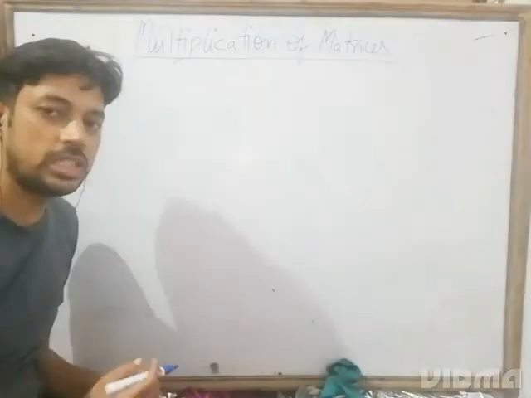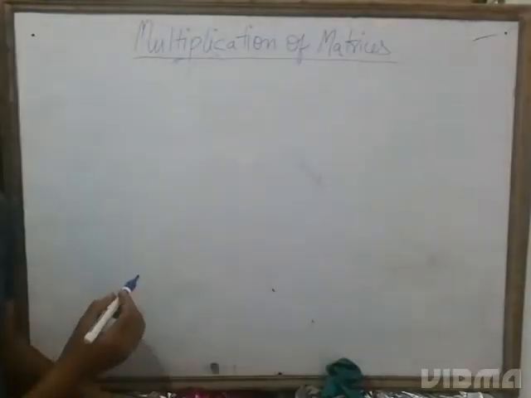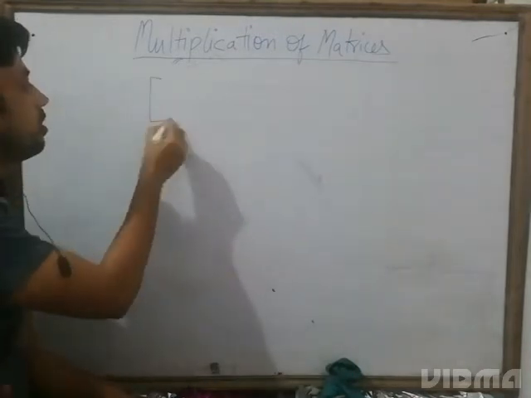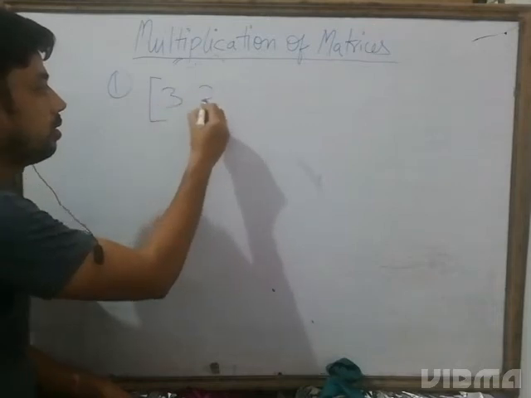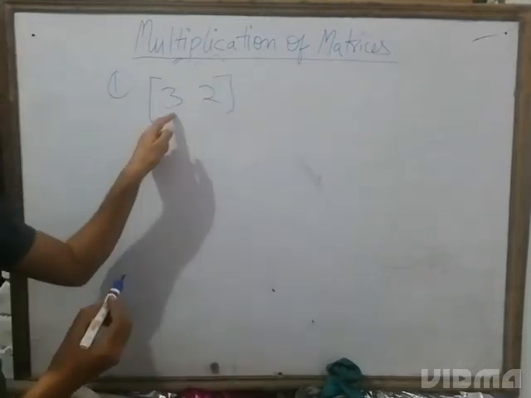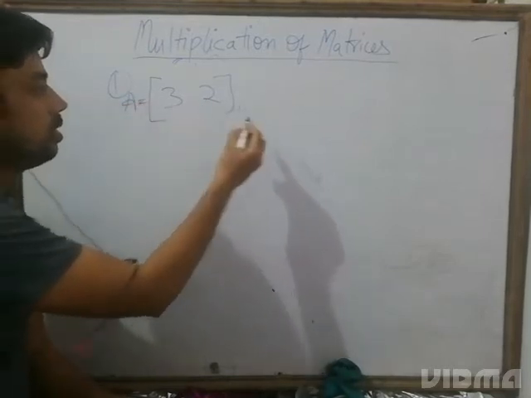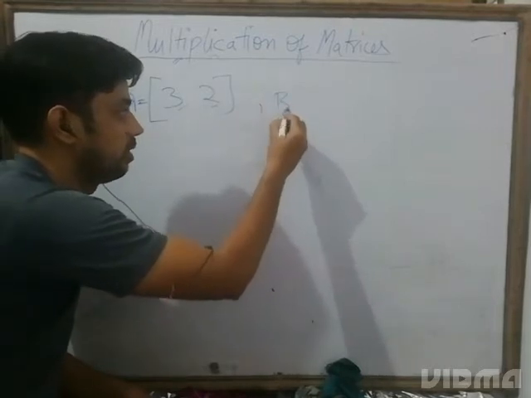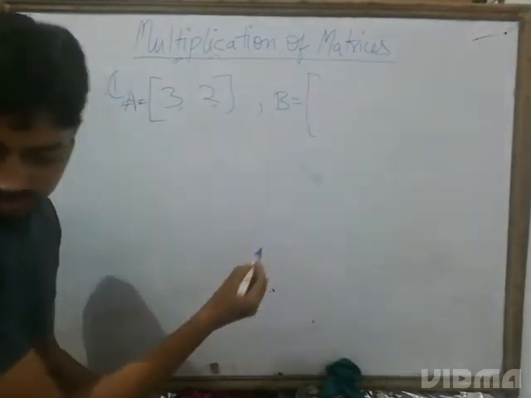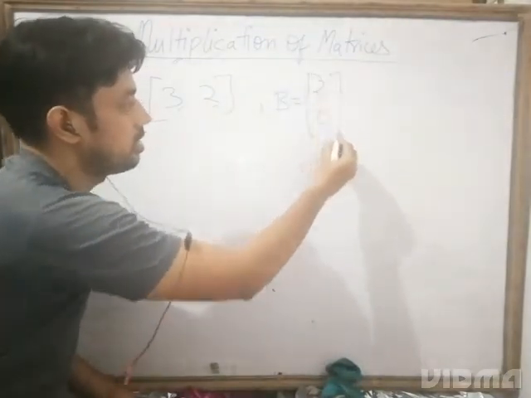What is the role of order in multiplication? Suppose we take the first question: we have been given matrix A equal to 3 and 2. These are called the elements of the matrix, and B is given as 2 and 0.